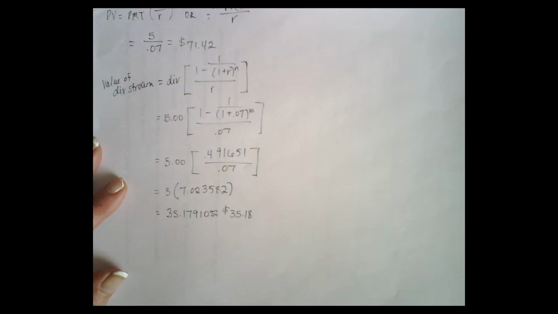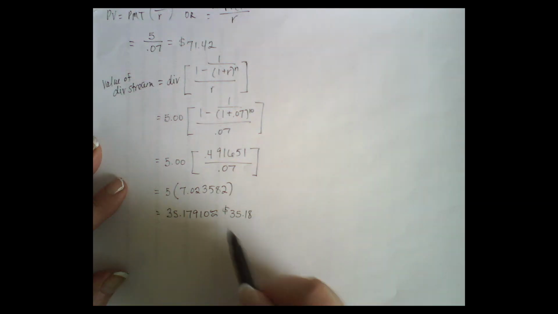Now we will add the value of that dividend stream to the present value of the stock 10 years from now. So let me say that another way. We have a projected stock price in mind that we will sell at in 10 years. So what is the present value of that future sales price?